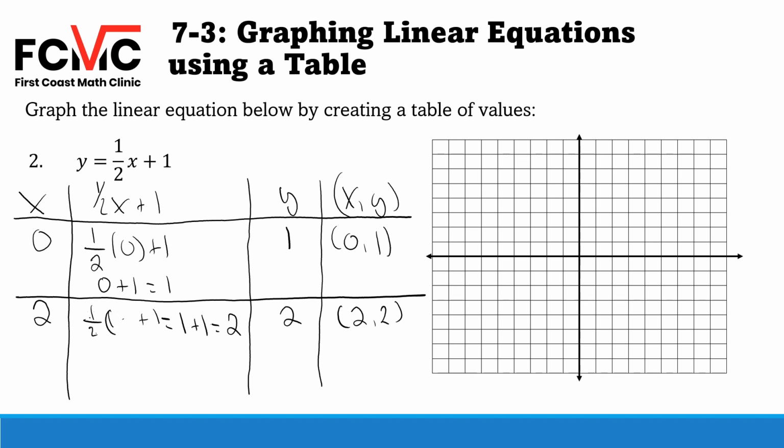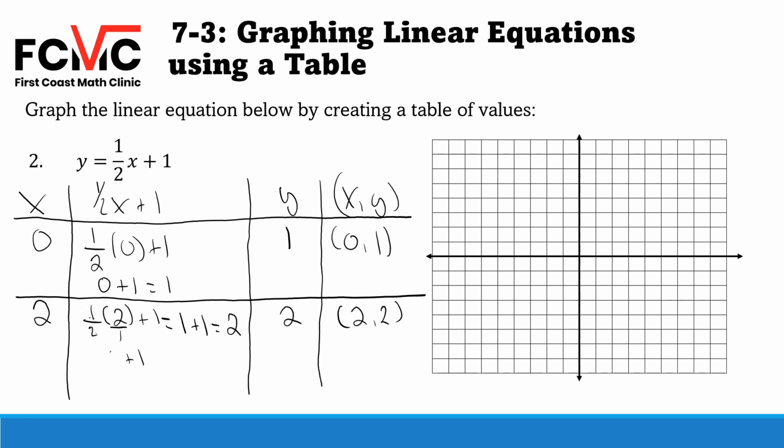Let me clean this up a little bit so it's a little bit easier to read. So 1/2 times our x value, which we chose 2. So we said 1/2 times 2 gives me 2 over 2 plus 1. I'm just going to do the math out quick here, just so everyone sees what we're doing. Half of 2 over 2 is 1 plus 1, which gives me 2, which is the answer we got here. Okay?